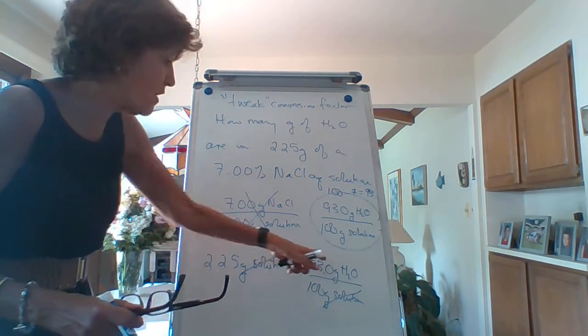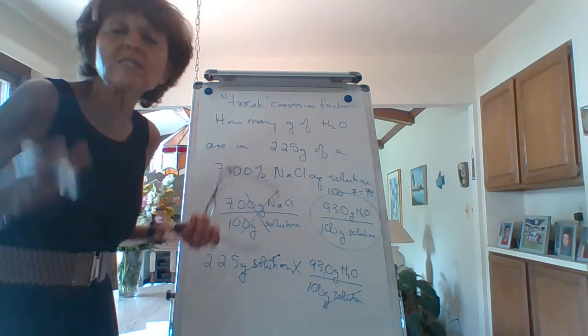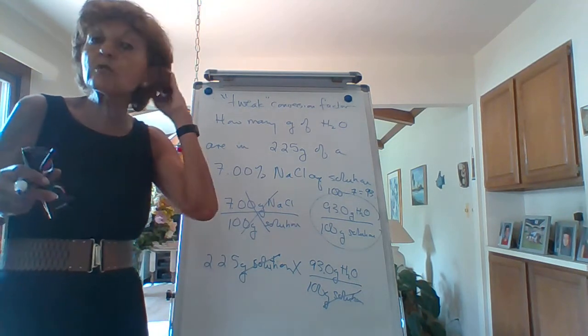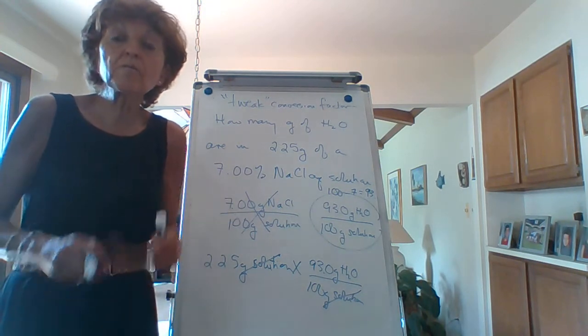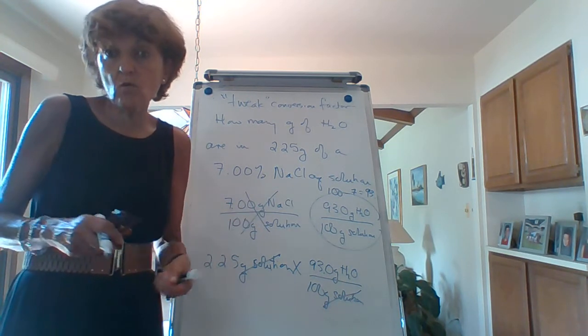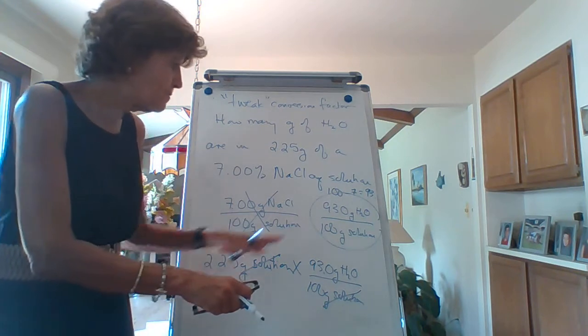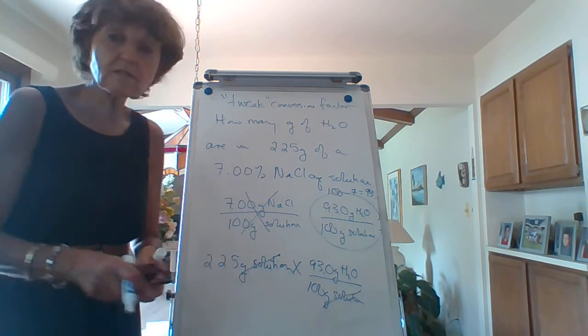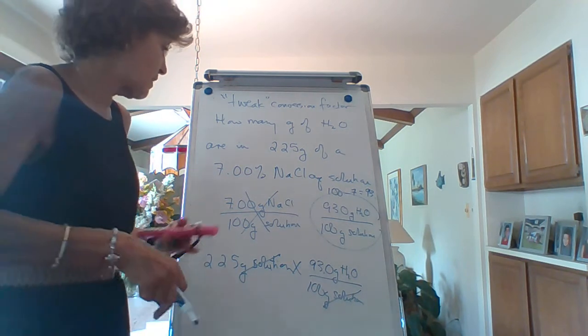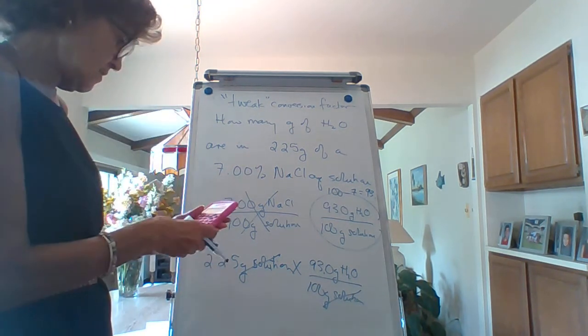And what units are you ending up with? Grams of water, which is exactly what we want. Remember, dimensional analysis, just like we learned at the beginning of the semester, is a beautiful tool to get you the units that you want. So you set it up, you cancel the units, and we pick up our calculator to see what our actual number is here.